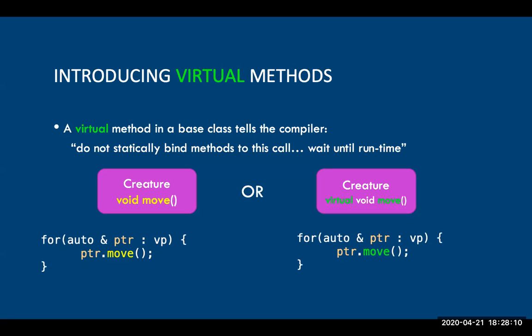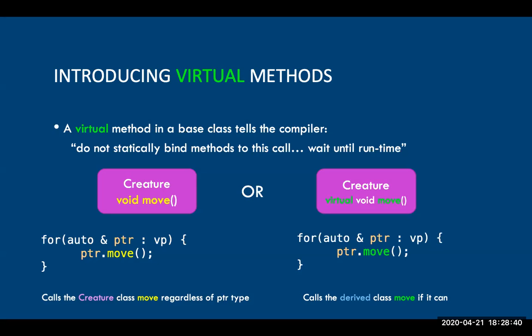So in the case of the ent, which was that creature all the way out to the right, it didn't have a move method, so at runtime, the runtime environment realized, hey, I'm going to have to use the creature move here. There's no actual move in the ent class. But for everybody else, it could choose the move that's in the descendant class. So in this case, we actually get the derived class if the move exists. And that's what we want.